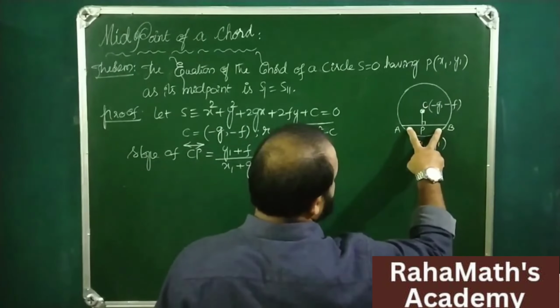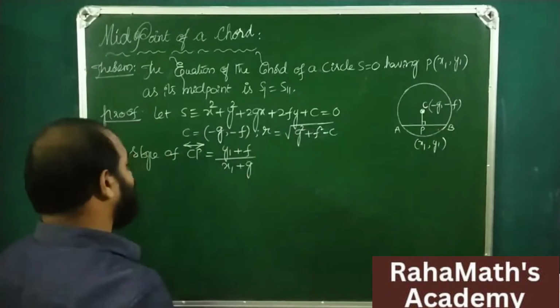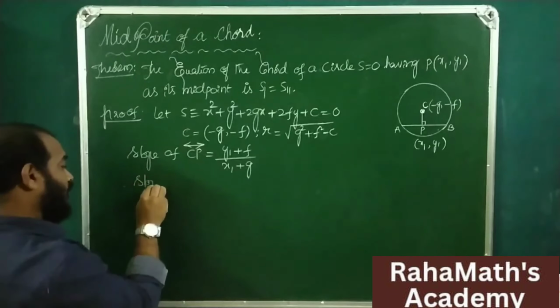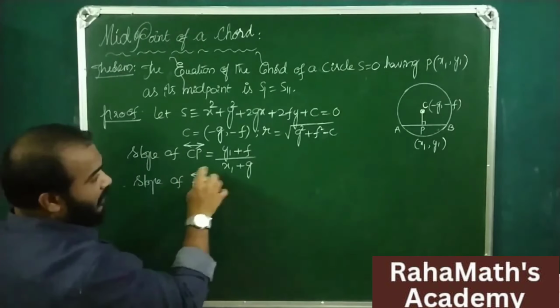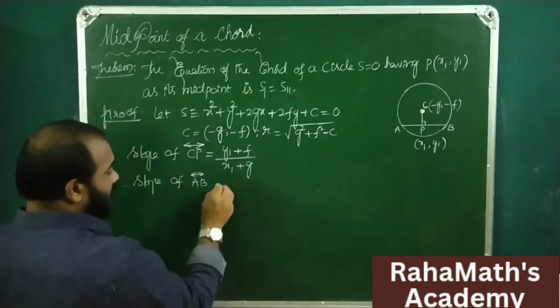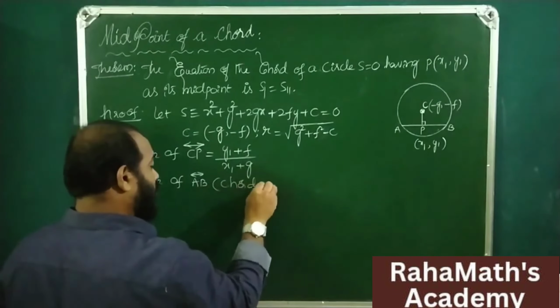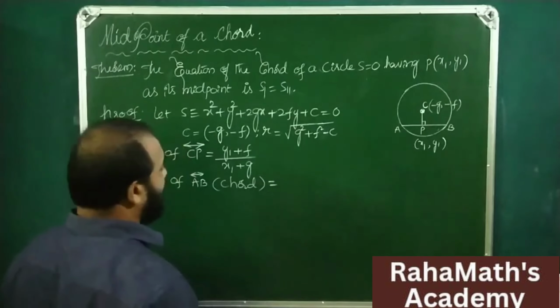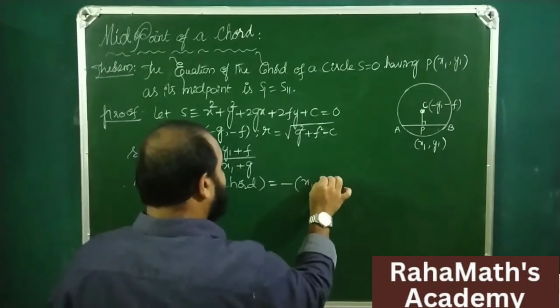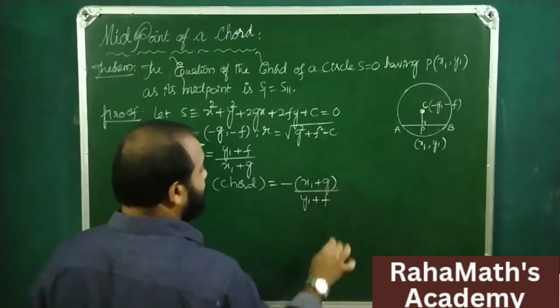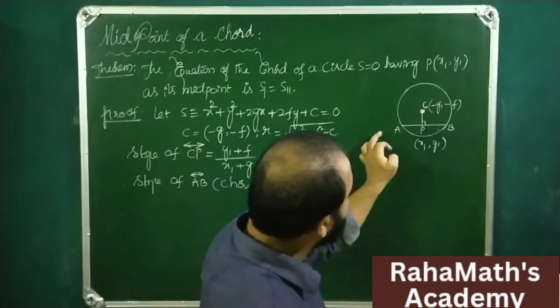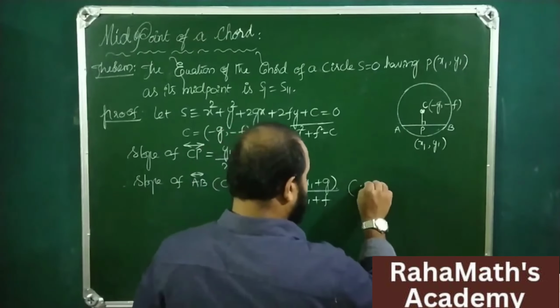Then what would be the slope of AB? Slope of AB is equal to, what is this AB? Chord. So that should be minus of (x1 plus g) by (y1 plus f), because this CP is perpendicular to AB.